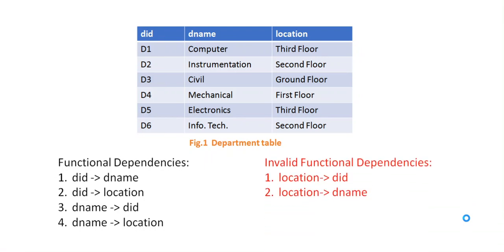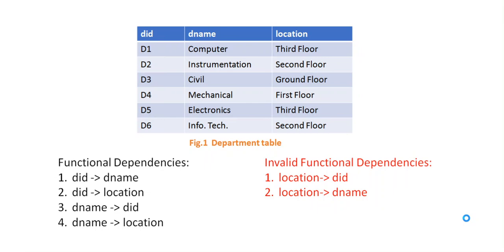Now let's see what the invalid functional dependencies are. When we say location is determining department ID, it is an invalid functional dependency, because if the location is 3rd floor, then we have two department IDs here.